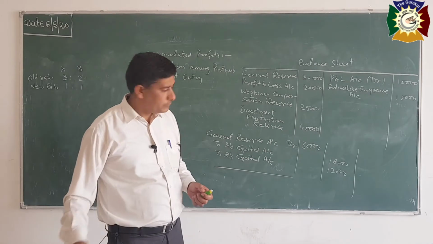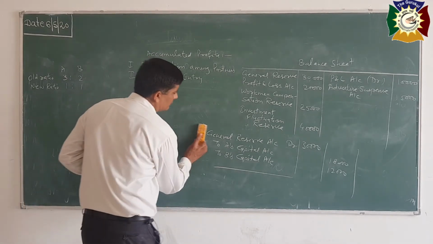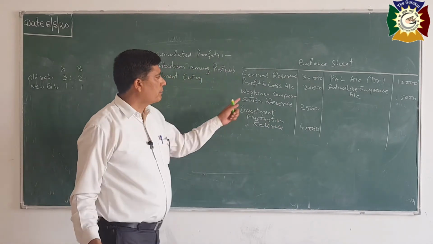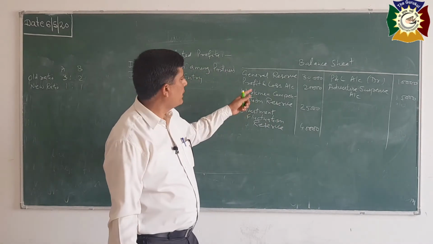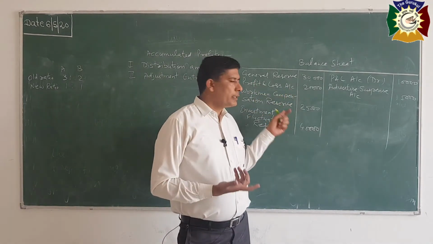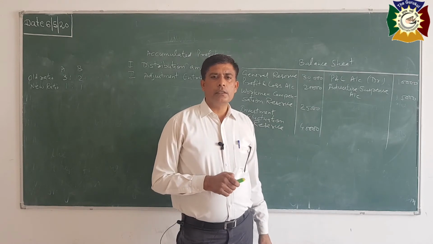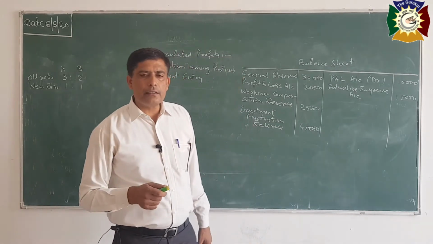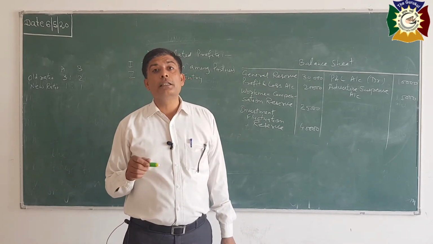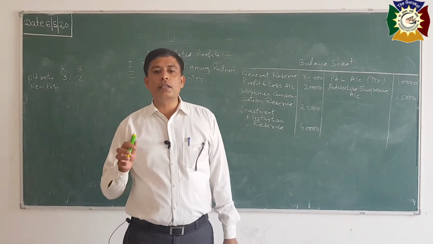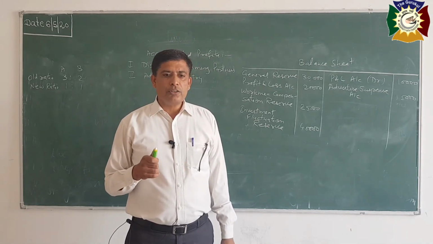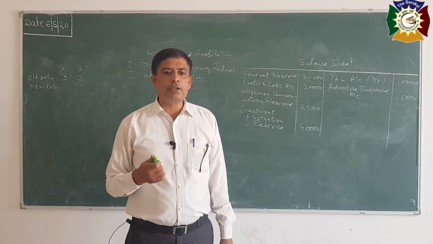One thing more, when you are given workman compensation reserve, profit and loss you know very well. What is workman compensation reserve? It is a reserve created by the firm to provide compensation to the workers, in case any worker is involved in an accident and the firm has to pay some compensation, so firm will face difficulty in payment of such compensation.